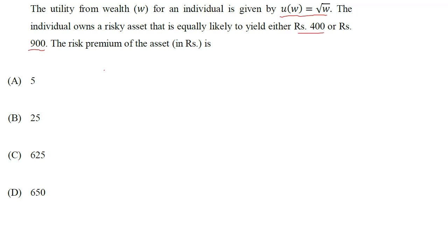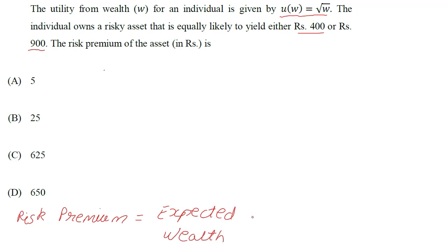At the end of the day, we want to calculate the risk premium. The risk premium is equal to expected wealth, or what we call EW, minus certainty equivalence.